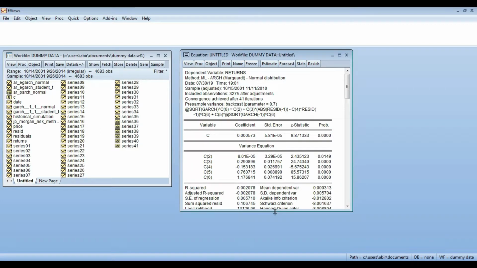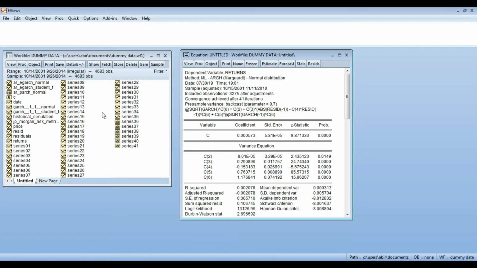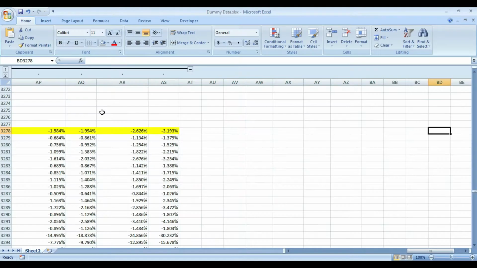Okay, so let's copy the coefficients at first somewhere here. So there is C2 till C6. So C2, C3, C4, C5 and C6, right?